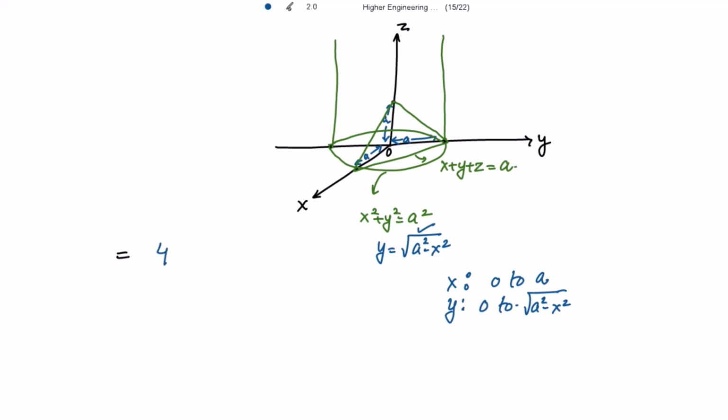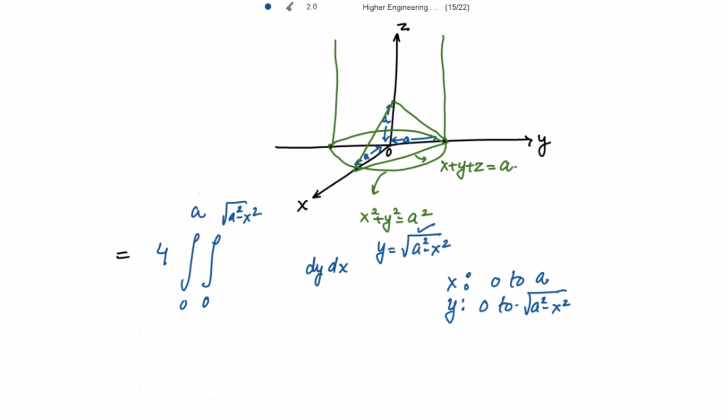Alright, so now calculating the surface area. This is 4 times the double integration over the region R, and because the limits of x are constant, we write 0 to a for x as the outer integral, so dx is written on the right hand side, and dy is for the innermost integral, with the limits of y from 0 to square root of a square minus x square.